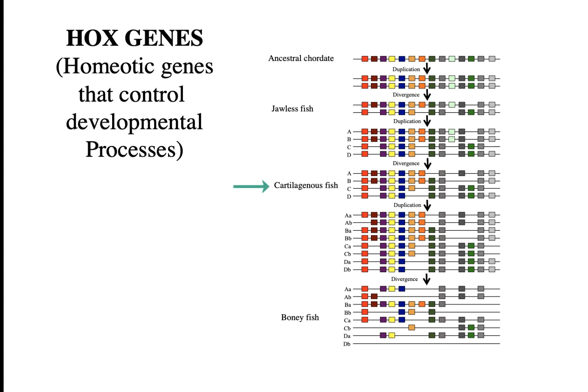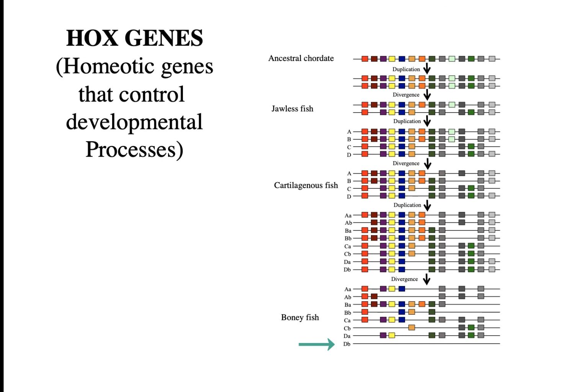In cartilaginous fish, that is sharks and rays, you have a further duplication event to form 4 copies of those genes, and again you get diversification of the gene copies from that. And then in ray fin or bony fish, there have been even further duplications, such that you have 8 copies, and in some cases a whole locus goes blank.